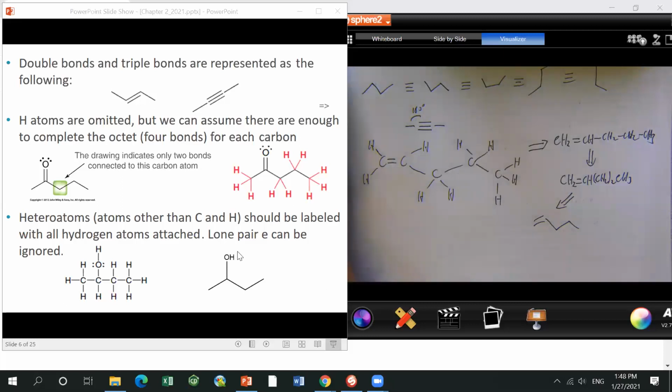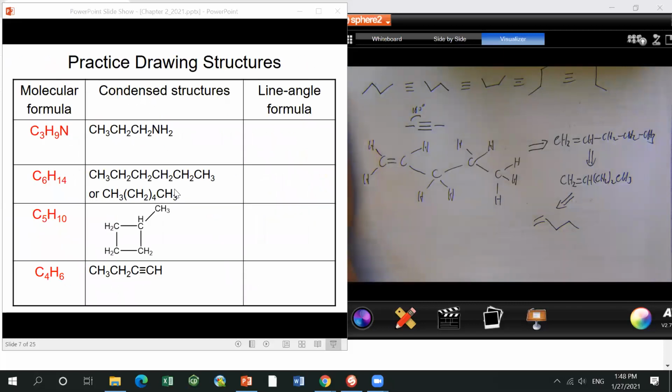So in the quiz and exam, you are encouraged to draw the line angle structure, which makes your life much easier. If I ask you to draw a Lewis structure, you draw a Lewis structure. But if I don't ask, you can draw either Lewis structure or line angle structure.